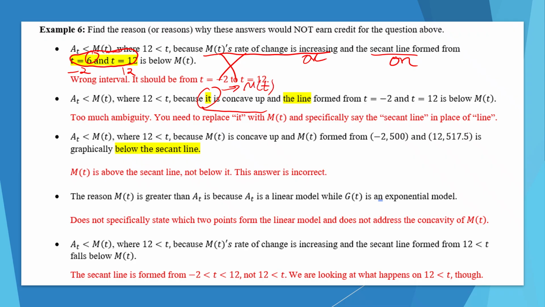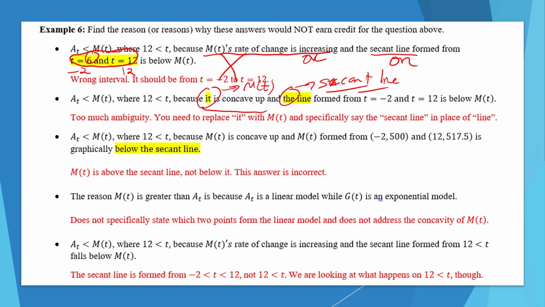It takes 2 seconds to write those letters out. So just write it. M of t is concave up, and then the line formed from -2 to 12 is below M of t. That is good, except here they don't use the word secant line. So they need to say secant line here. If you just say the line, it's not going to be specific enough and will be marked wrong.